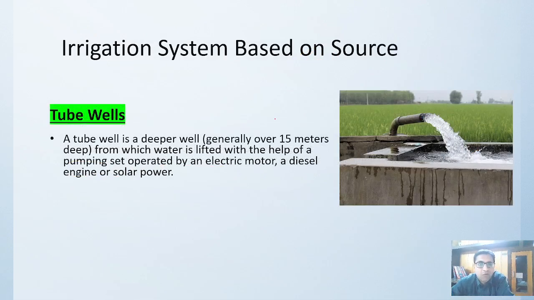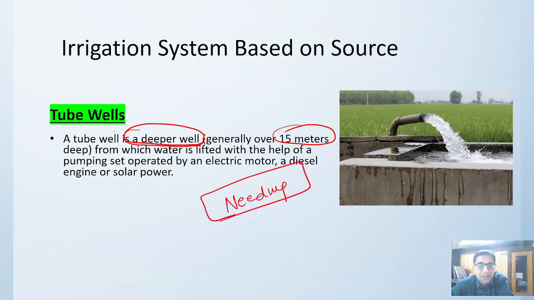Now coming to the tube well. After the well, if you are going much deeper than that, a tube well is a deeper well, more than 15 meters deep, and you need the pumping set or the electric motor to lift the water.